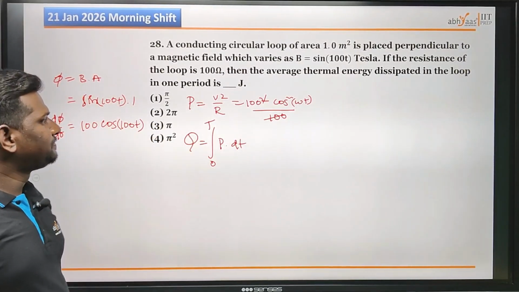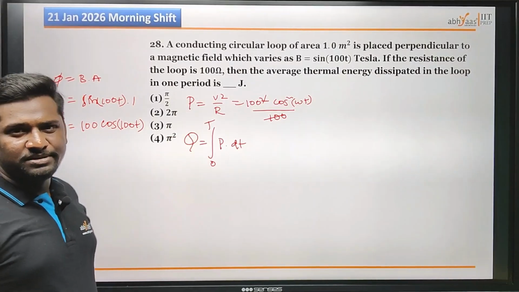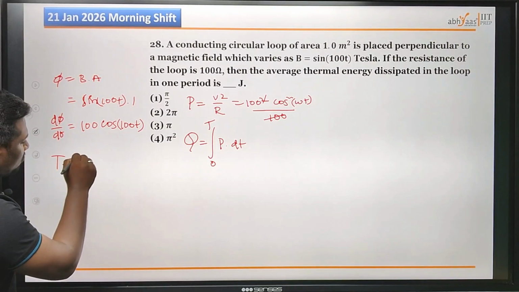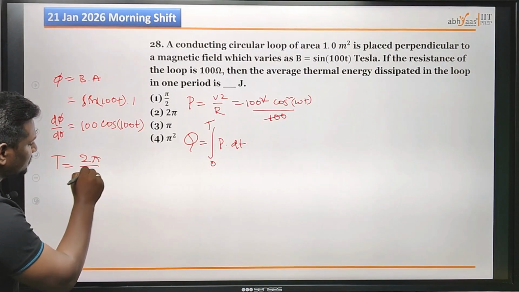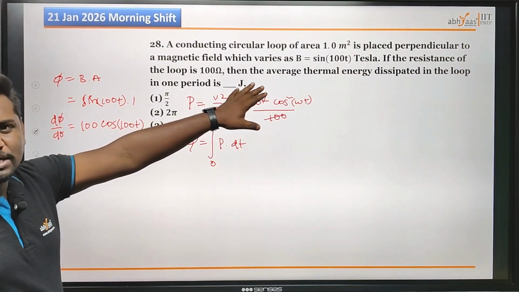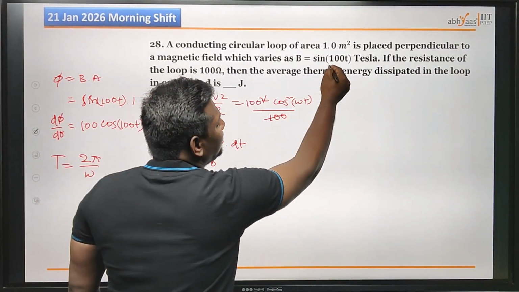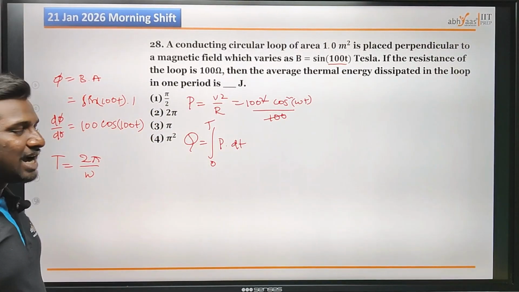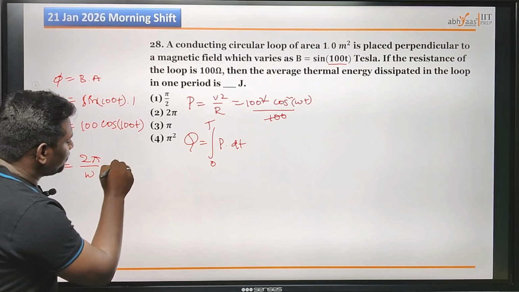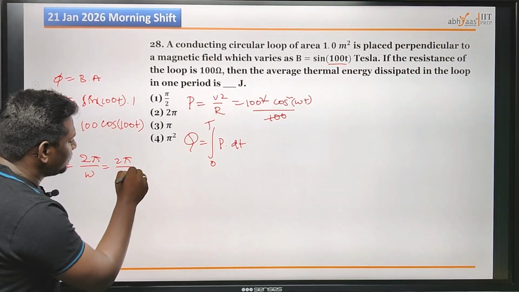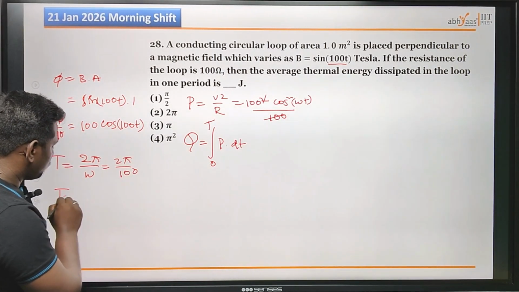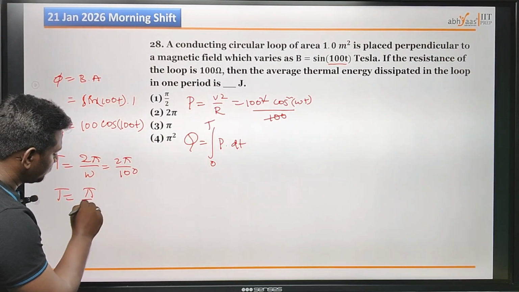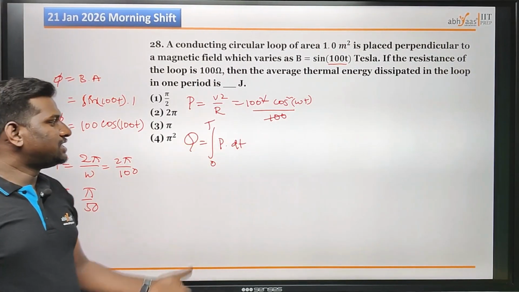We know the time period T equals 2 pi by omega. They have given omega as 100. So 2 pi by 100, you can simplify T equals pi by 50. So you have to replace the T with pi by 50.